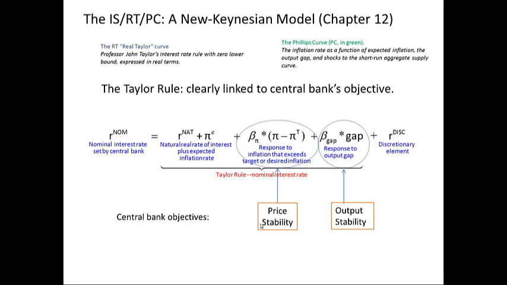We can see this in the Taylor rule by looking at the response of the interest rate to inflation when it exceeds some target or desired level. The inflation target can be explicit or, as in the case of the United States, implicit. We can also see the goal of output stability, such as in the Humphrey-Hawkins position of the United States. That's going to be reflected in the response of the interest rate to changes in the output gap.